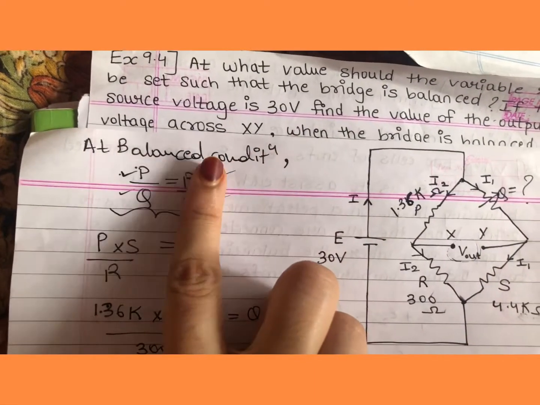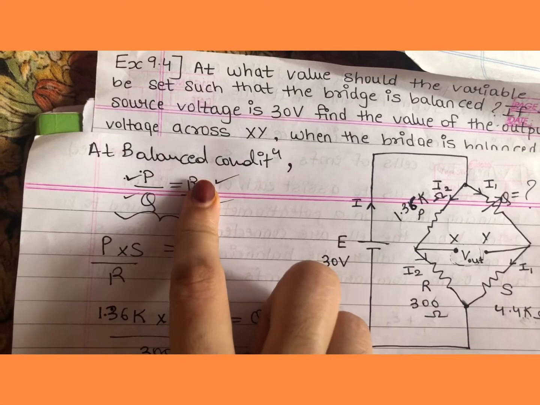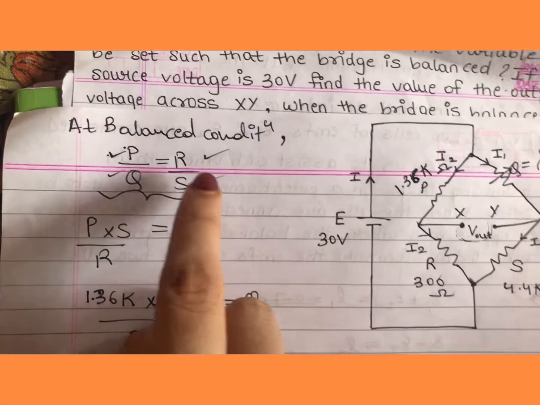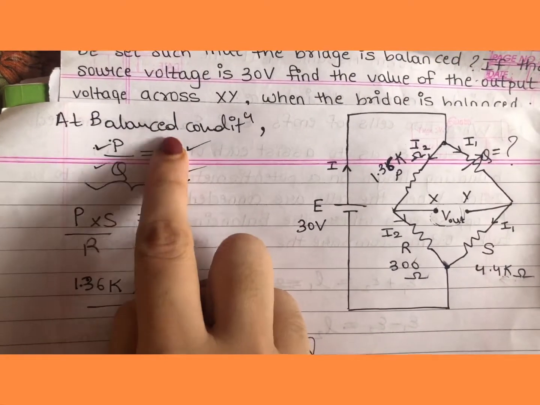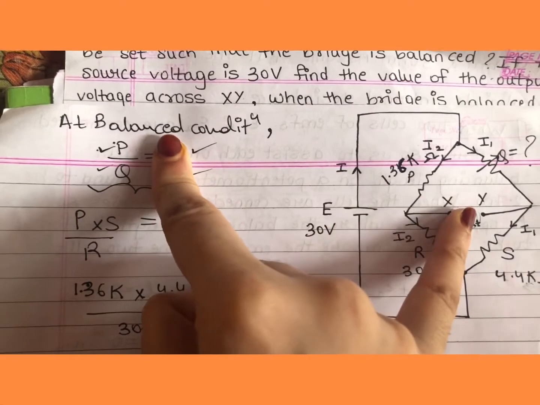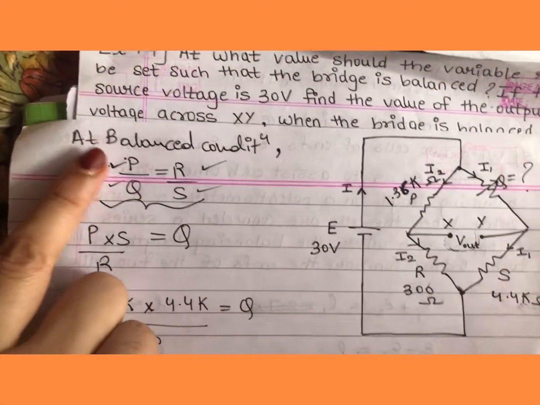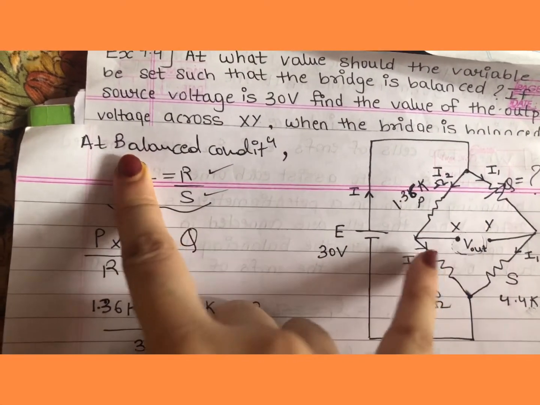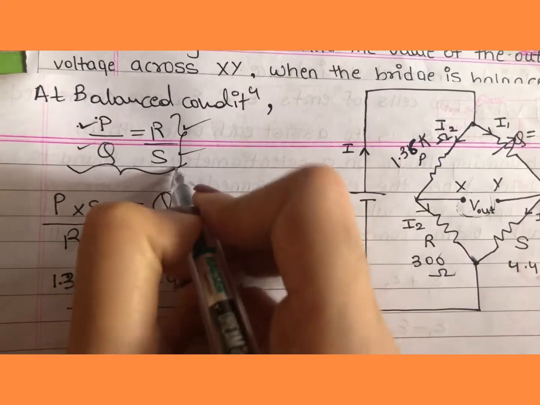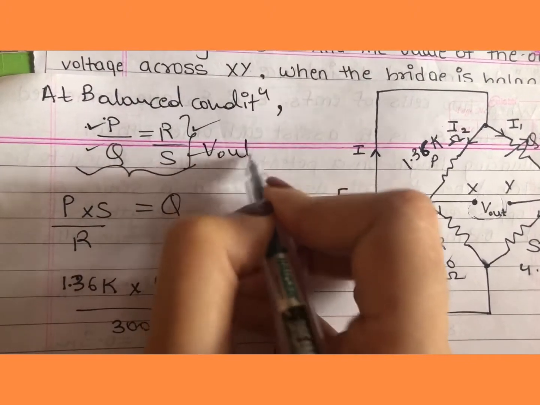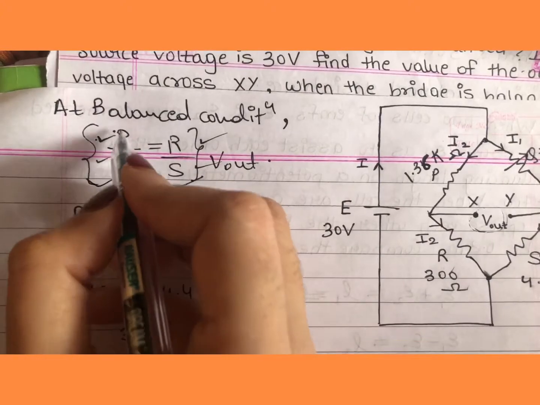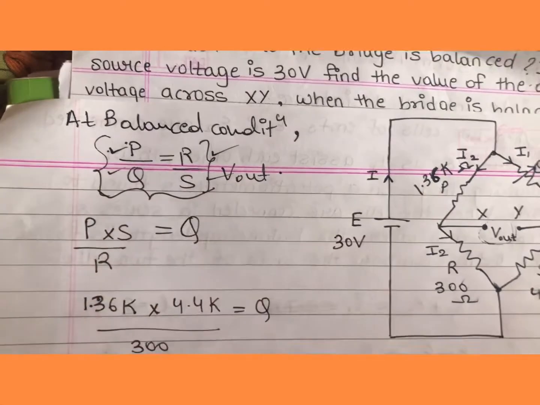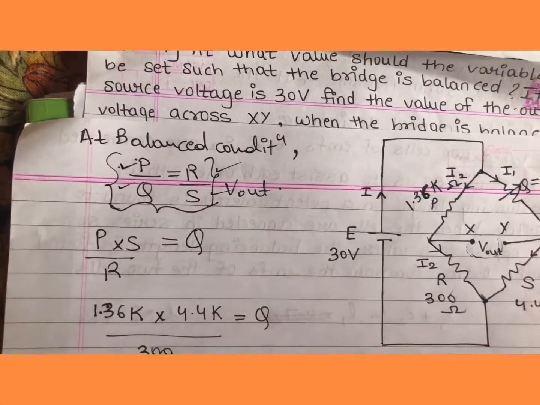On this side, first we find the potential difference across resistor R and across resistor S, and after that we calculate the output. Then we found the potential difference across P and across Q and calculated the output voltage. That means whatever output voltage we have calculated from R and S, it will be the same as the output voltage coming out from these two resistors by calculating potential differences from these two resistors.